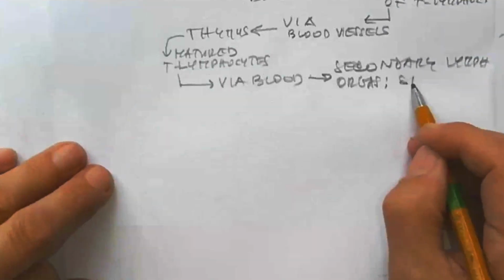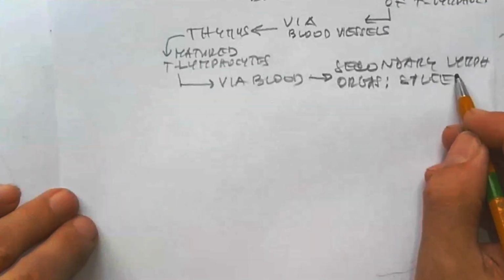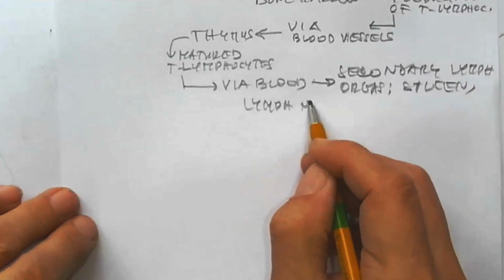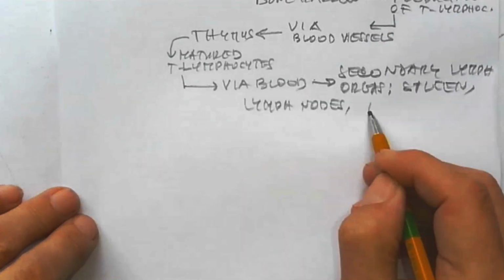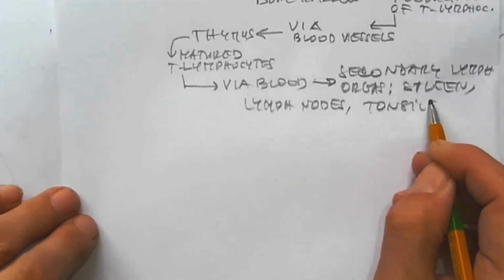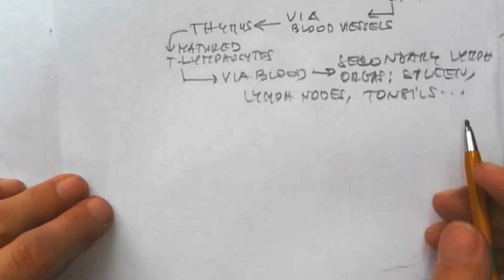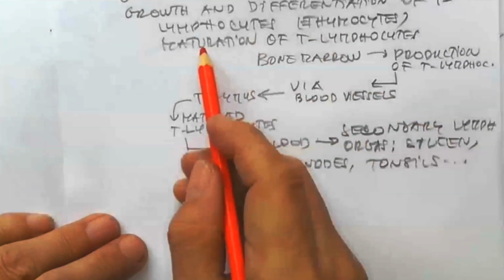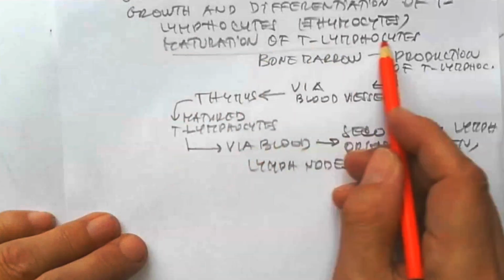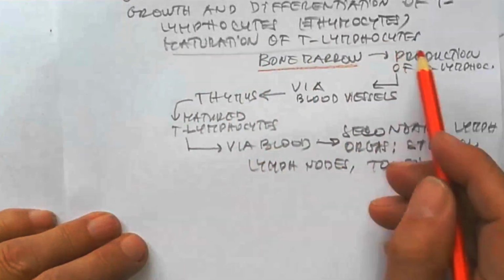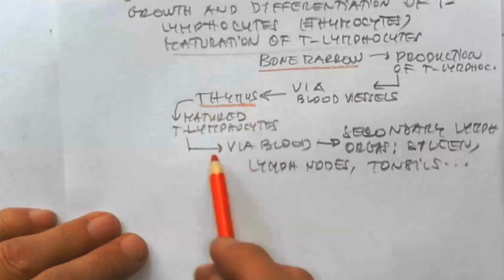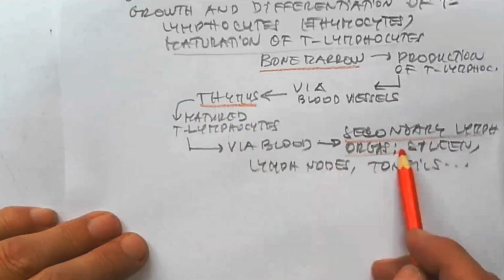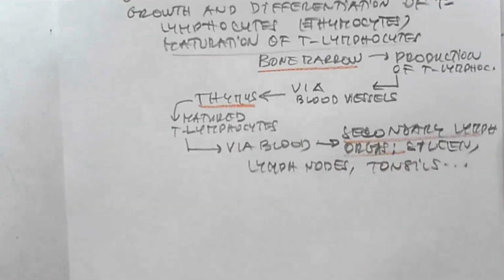This is spleen, lymph nodes, tonsils, for instance, tonsils. So they are secondary. So starting with some nodes, lymphocytes, so maturation of the lymphocytes. Okay, bone marrow production, thymus, matured, transport via blood to the secondary lymphatic organ or organs. Yes.